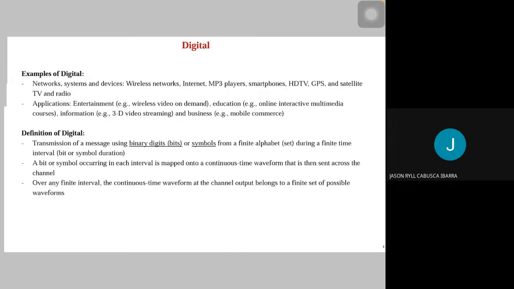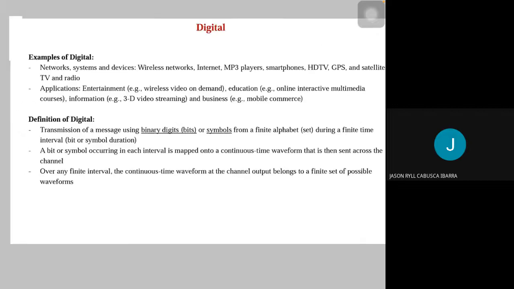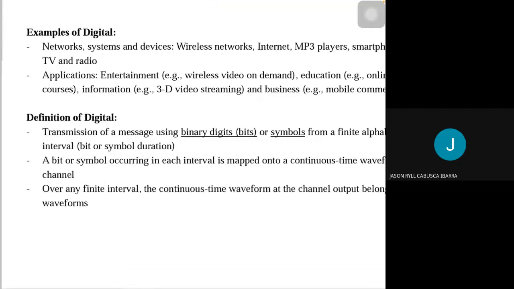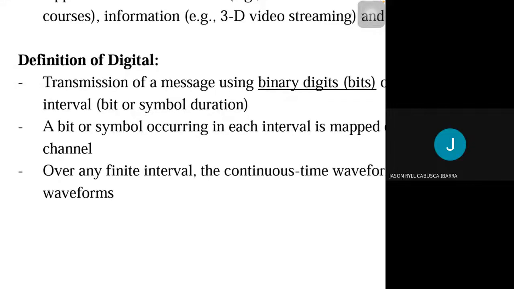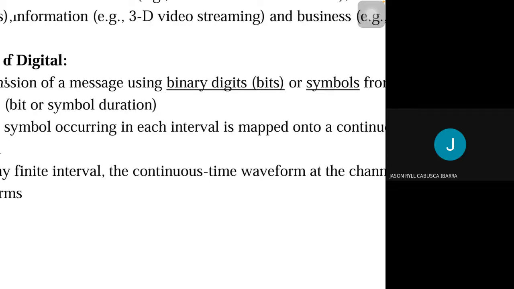So what are examples of digital data or digital systems? I think we are mostly familiar with these. We define digital as the transmission of messages using binary bits, meaning ones and zeros, or symbols.